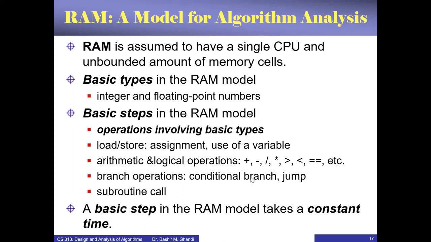So the idea is, if you do addition and it costs 5, next time you do addition it's going to cost the same 5. Multiplication may cost 10, but each time you do multiplication you're going to assume it costs 10. This is the idea. So we're going to assume that all basic operations are done in constant time.